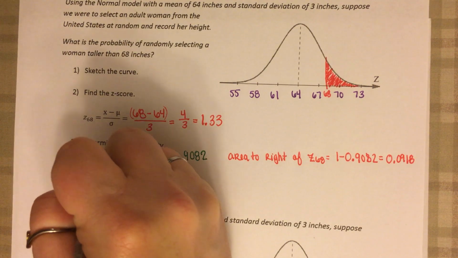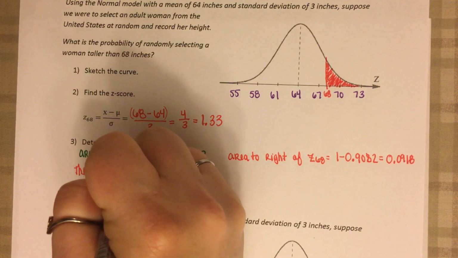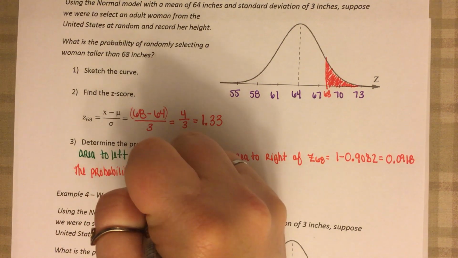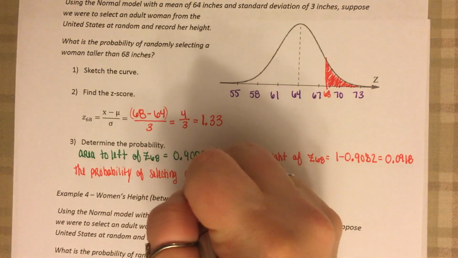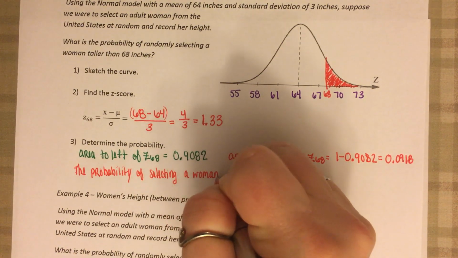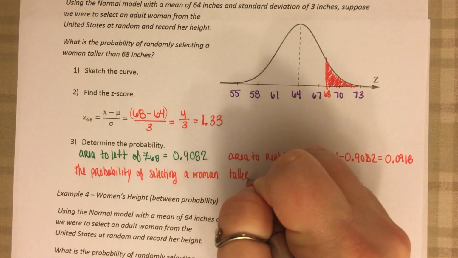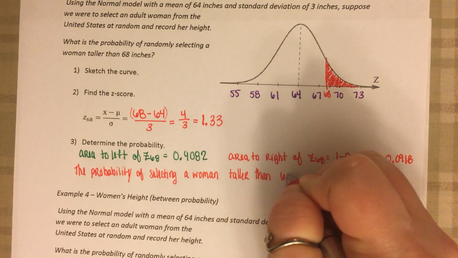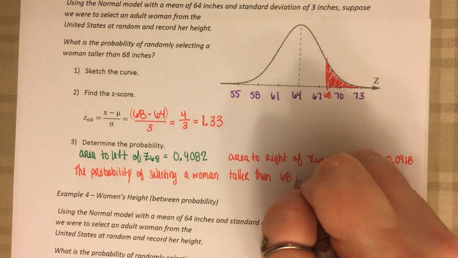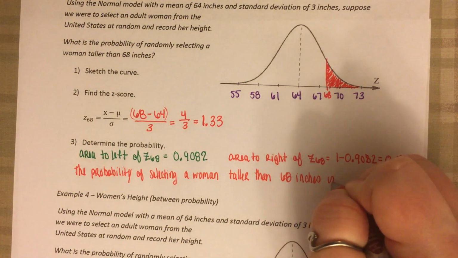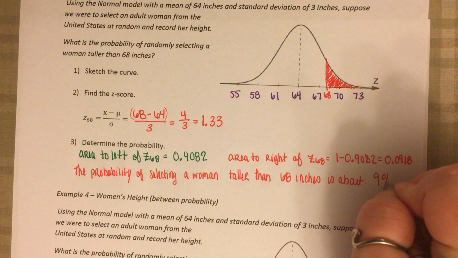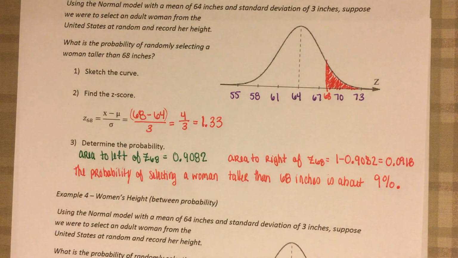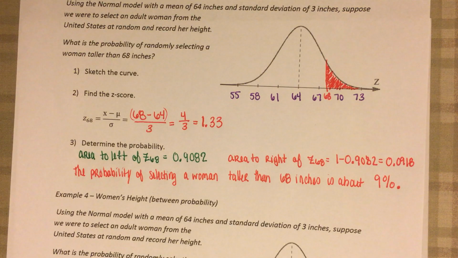So our answer, the probability of selecting a woman taller than 68 inches is about, all right, we're going to round this to the nearest percent, 9%. Just pay attention as you're going through the problems of what value you're being asked to round to.